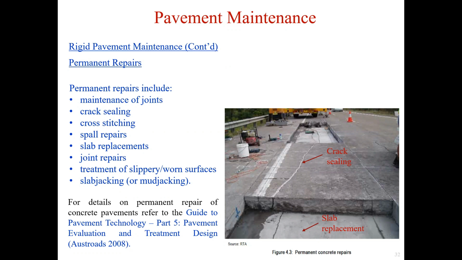All the items except cross stitching and slab jacking might be easy to understand, and you could refer to part 5 of the Guide to Pavement Technology for more details. So we take a further look into these two types of pavement repairs, cross stitching and slab jacking.